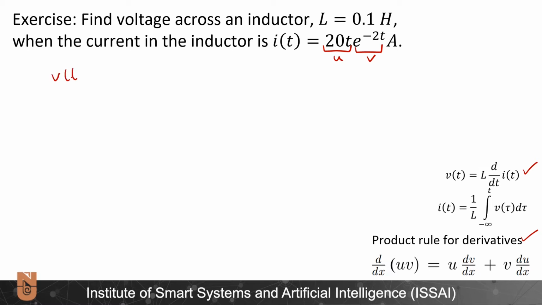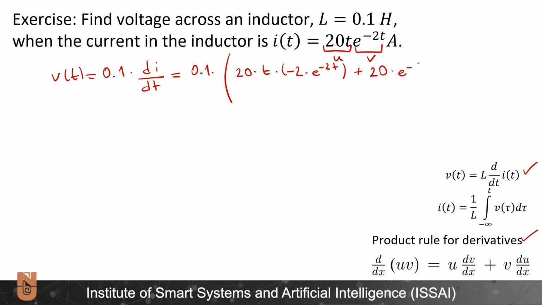V of t will be equal to L, which is 0.1, times di over dt, which is equal to 0.1 times, in parentheses, 20t times the derivative of v, which is minus 2 times e to the minus 2t, and the derivative of u, 20, times v, which is e to the minus 2t.